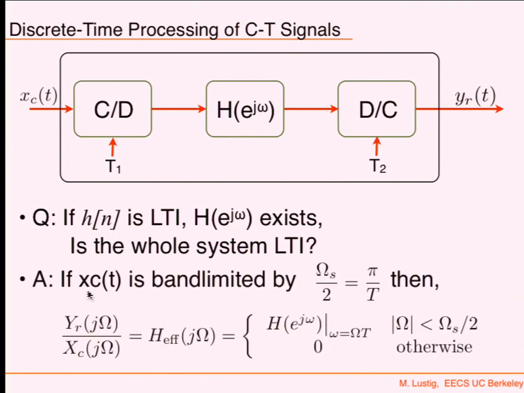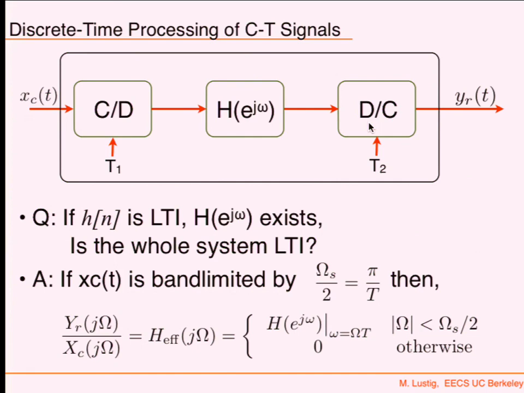If x_c(t) is band limited by the sampling rate, then the effective frequency response of the continuous time system is going to be linear shift invariant.